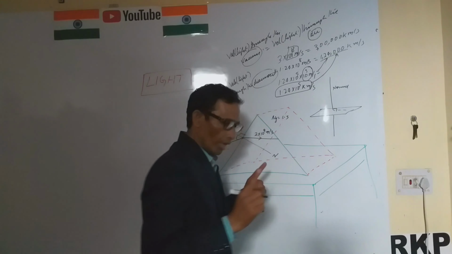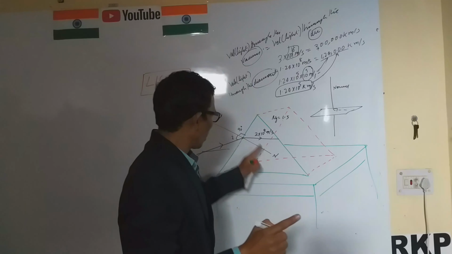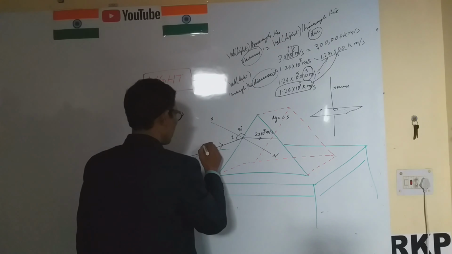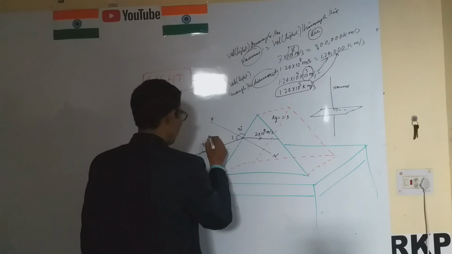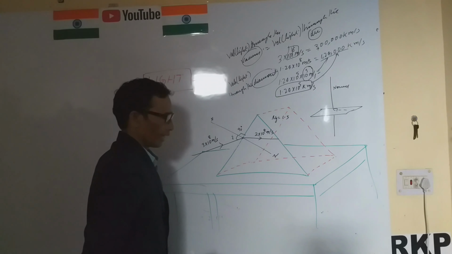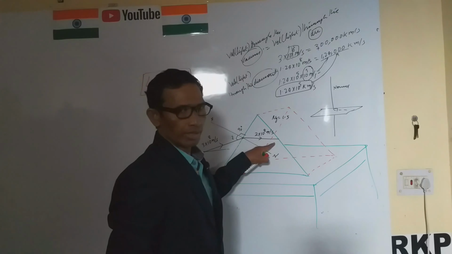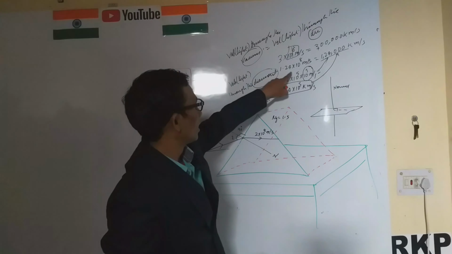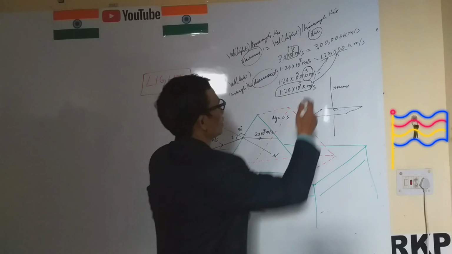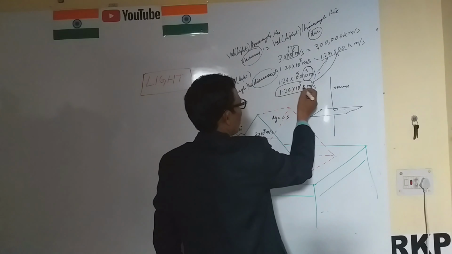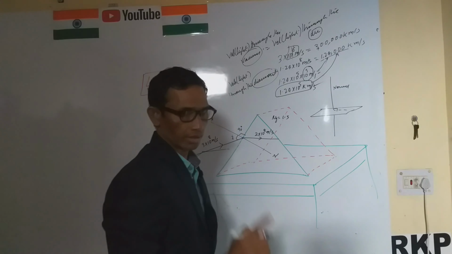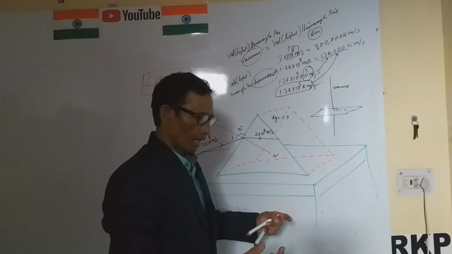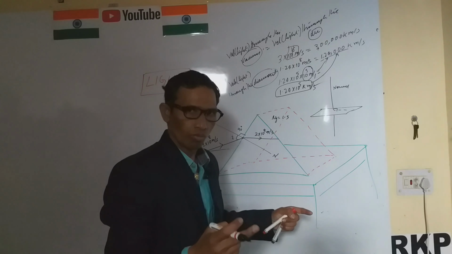In comparison, the velocity here is 3 into 10 to the power 8 meter per second. If diamond is placed in place of the prism, then its velocity will be this one. This is the velocity of diamond. Suppose a diamond is taken and its refractive index is 2.42.